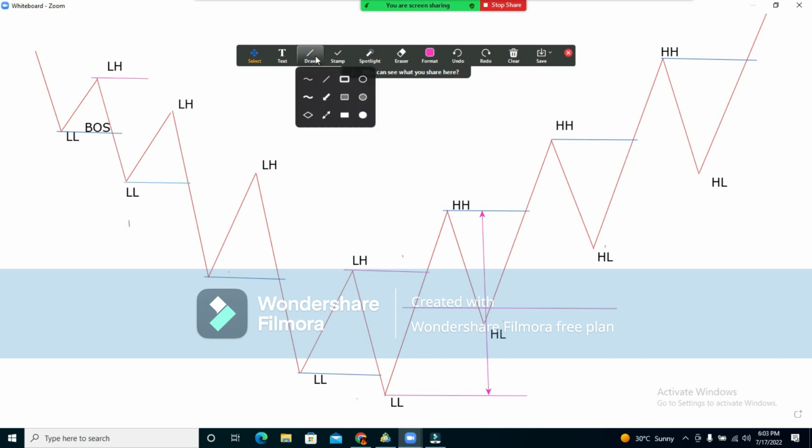Where will the market retrace to? It will retrace to an order block here. In the premium, you don't take order blocks in the discount. You take it in the premium for a sell trend, like for a downtrend. But for an uptrend, you know your premium is half of. Let me just use this.